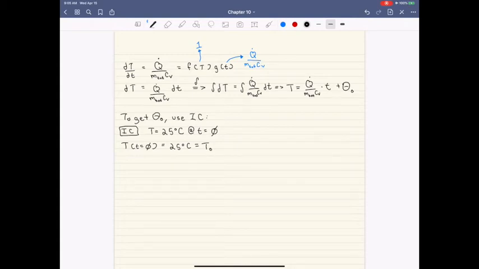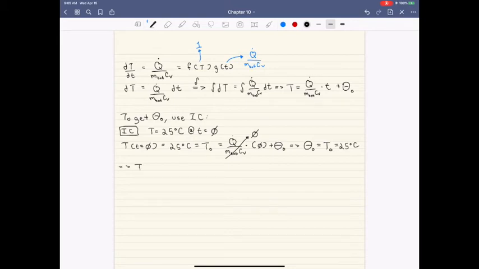So T naught is equal to Q dot over m total CV times 0 plus theta naught. The stuff multiplied by 0, that whole term goes to 0, and so we're left with theta naught equal to T naught, which is 25 degrees C. Let's now plug in what we solved for.